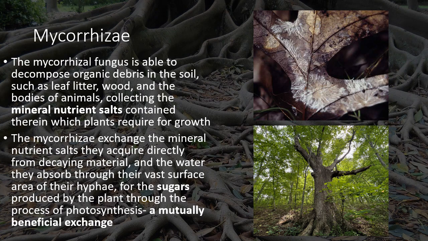Often these cell thick fungal filaments have such a massive surface area, up to like 700 times the surface area of the actual root system of the plant. And so forming these associations with mycorrhizae actually helps these plants be much more drought tolerant as well and be much more successful in the long run in their ecosystems.